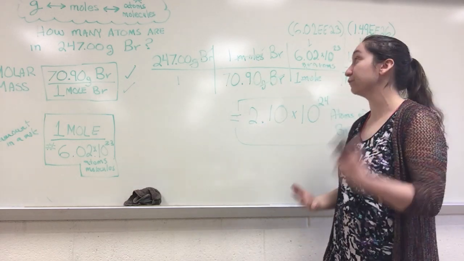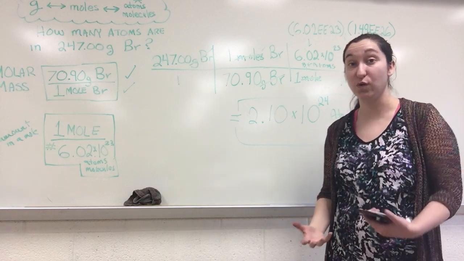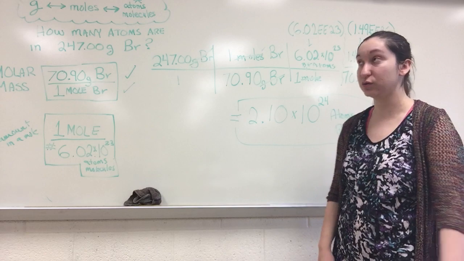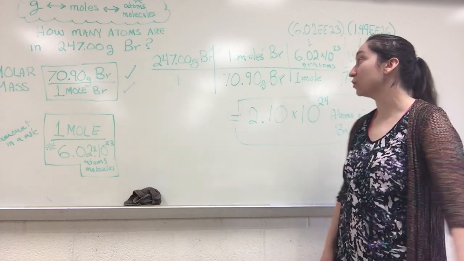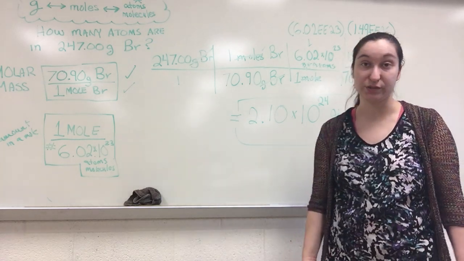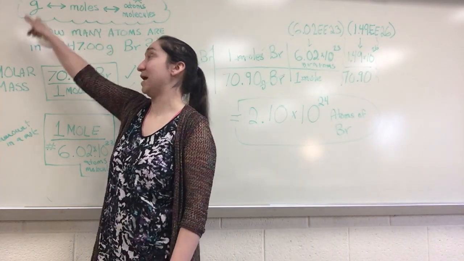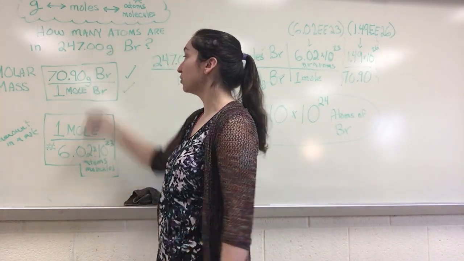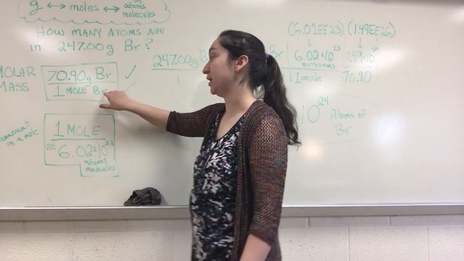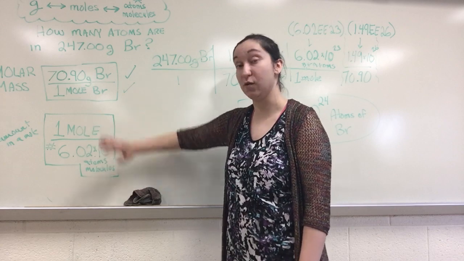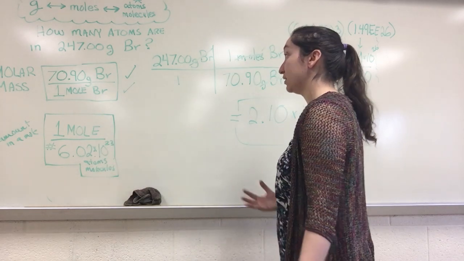Bottom line is you can flip them to do it however you want. If you're going from grams to molecules or molecules to grams, you're always going to wind up going to moles. It's always going to be a two-step. You can't just go molecules bypass to grams because your molar mass only talks to moles. The number of stuff only talks to moles. It's the number of stuff per mole. So you're always going to wind up doing that.